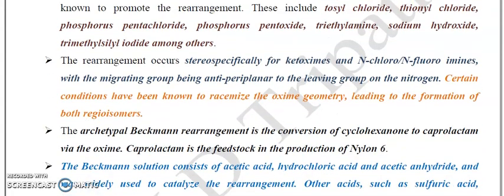This rearrangement occurs stereospecifically for ketoximes and chloro and fluoroimines, with the migrating group being anti-periplanar to the leaving group on the nitrogen. We will see in the mechanism how the group is migrating and what the stereochemical preference of the migrating group is in comparison to the other groups.